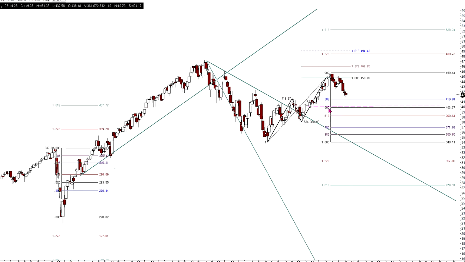So the 0.382 and the 0.50, and the reason I have this dashed line across, as you can see here, as the market came up above these highs, you see these lows, a little bit of a consolidation, and then that's where the market started to move back to the upside. So that's coming in right around that 0.50 as well.